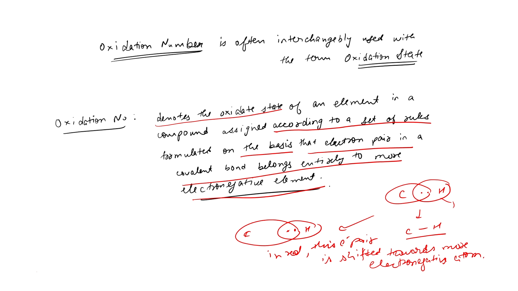But when we discuss the oxidation number, what oxidation number assumes is that this electron pair completely goes to the more electronegative element. That means this electron pair completely goes to hydrogen in case of CH4, that means hydrogen carries a minus charge and carbon gets a positive charge.